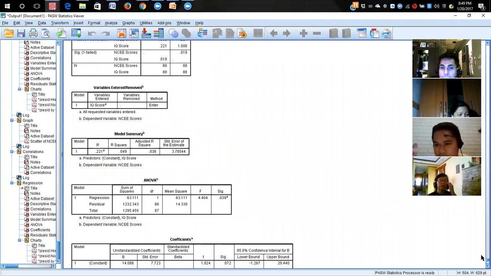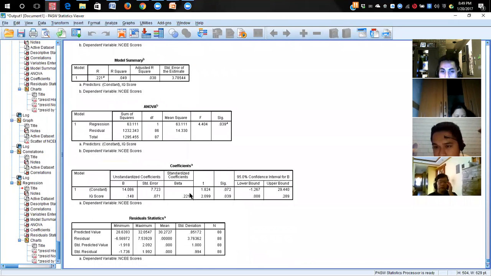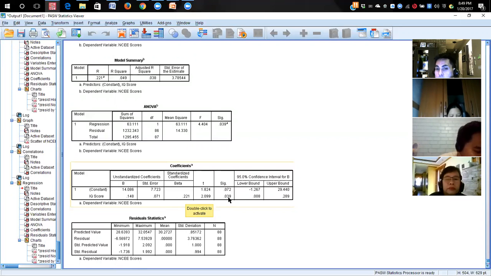So that comes back here in the coefficient: 0.221, and the t-statistic is 2.009, and our significance is 0.039. So this is the proof of the concept that ANOVA, simple correlations, and simple linear regression can give you the same results.